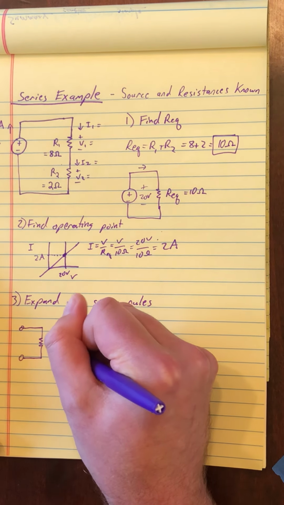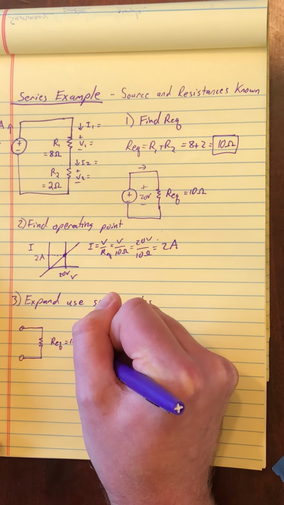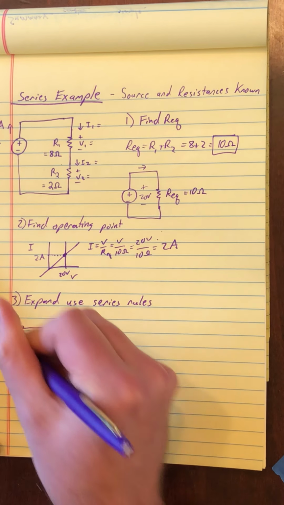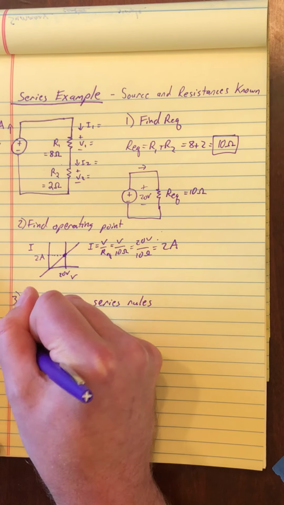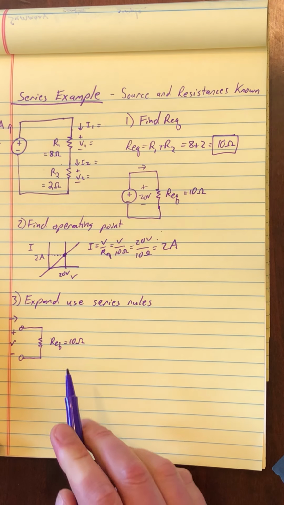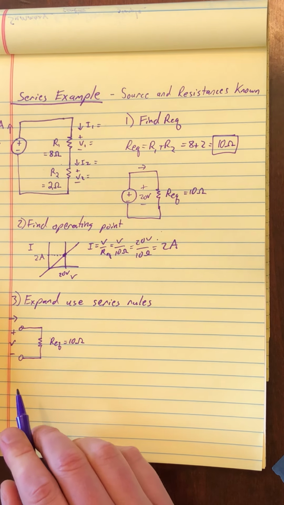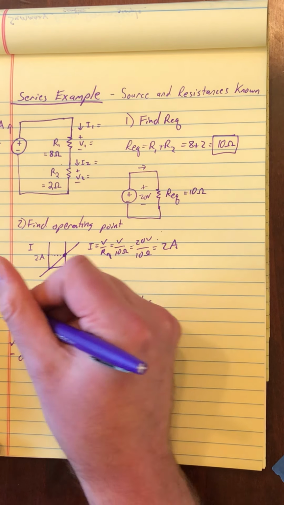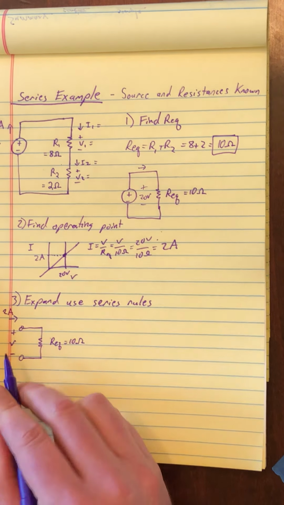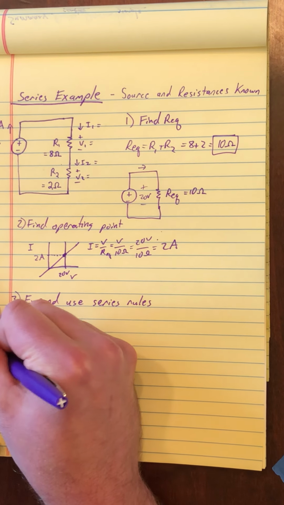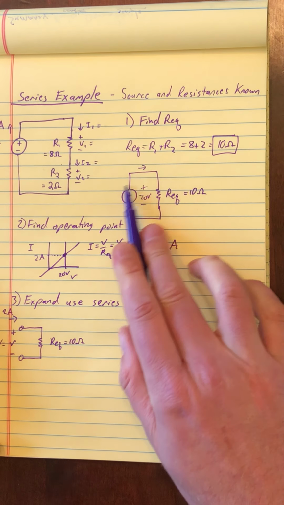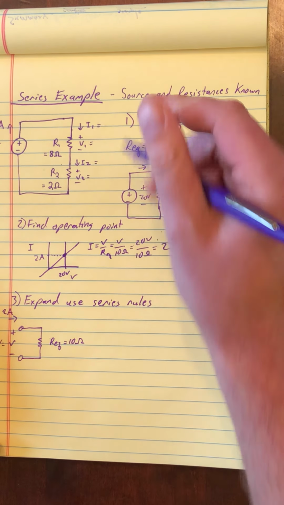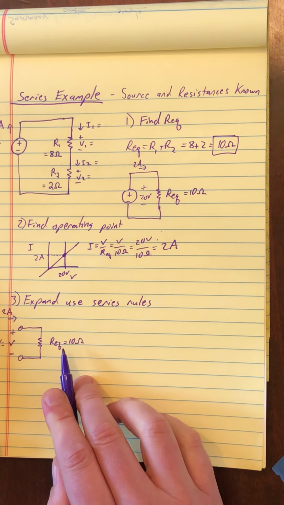So this is REQ. We know this is 10 ohms. And we have a voltage and a current coming in. And I already know what those are as well. The current coming in here is 2 amps and the voltage across here is 20 volts. And that I got from the equivalent circuit right here, 20 volts, and this is 2 amps coming in.